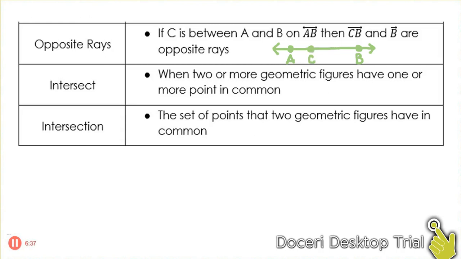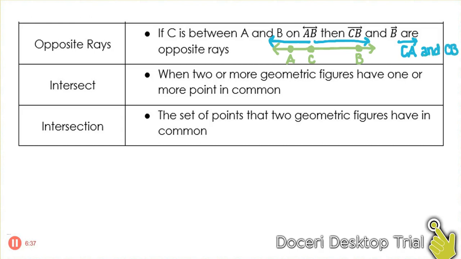Opposite rays would be ray CA and ray CB. They both share the initial point C. And then one goes to the left and one goes to the right.